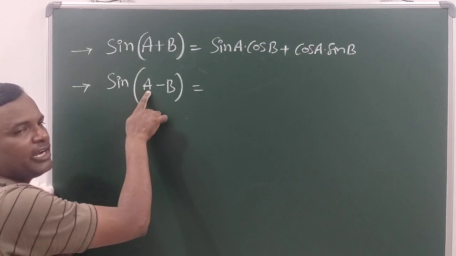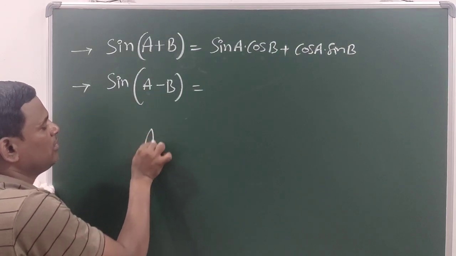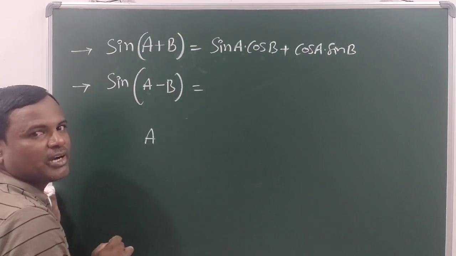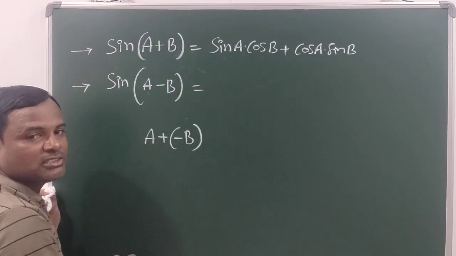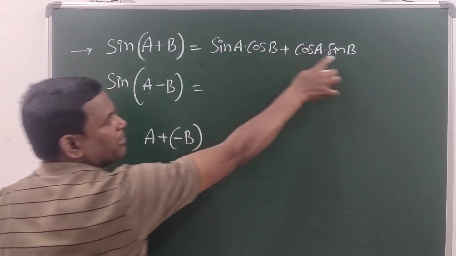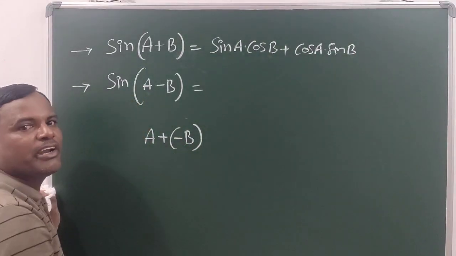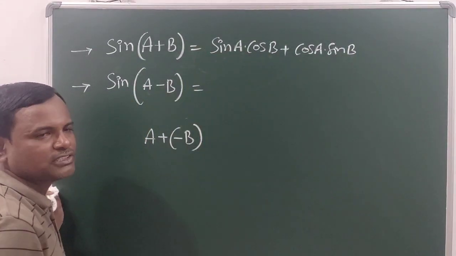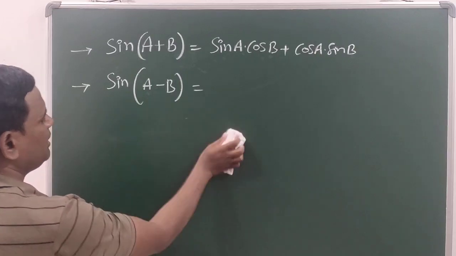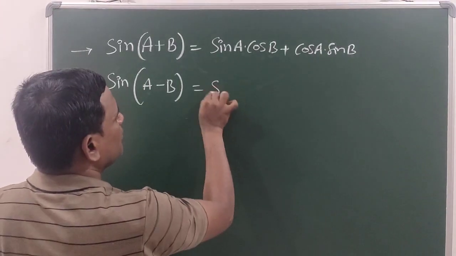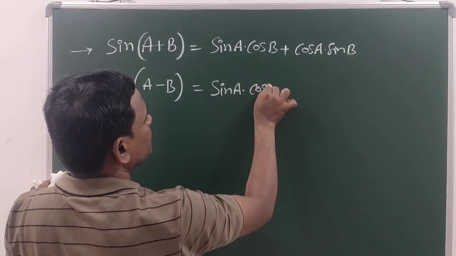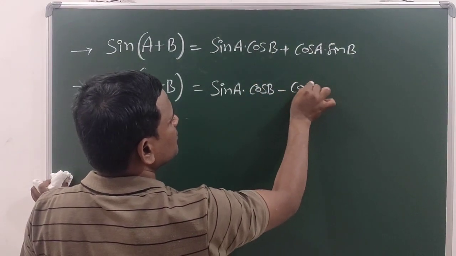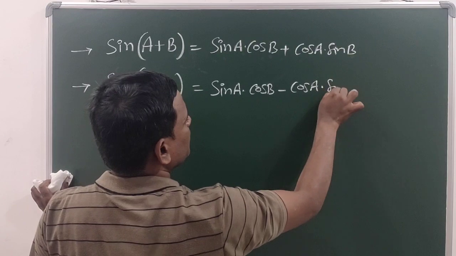Just you have to express this as A plus of minus B. Now wherever B is there you write minus B and go for simplification. So finally we will get sin A into cos B minus cos A into sin B.